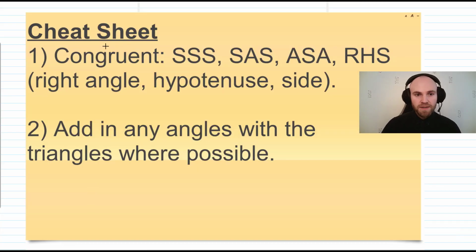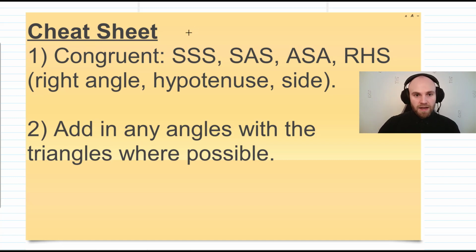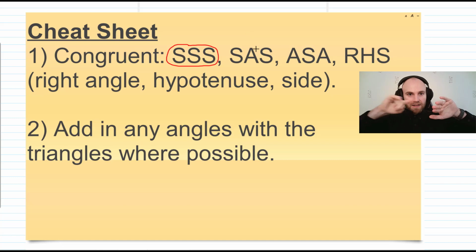Well, if we go to the cheat sheet, if something is congruent, it basically means that the triangle is exactly the same, but maybe it has just moved position, or maybe it is reflected, or it has been turned. And a good way to figure this out is if all 3 sides are the same. If you have side, angle, side, so one side with an angle in the middle and then another side, that's another good way to do it.